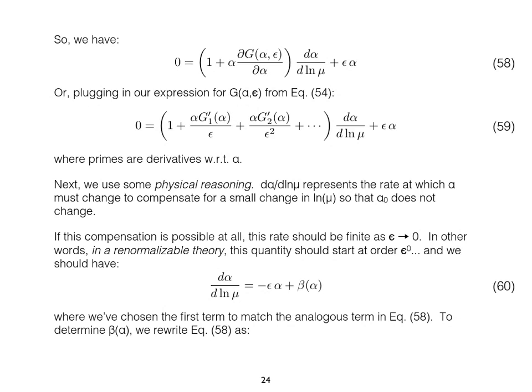And then, again, we use some physical reasoning. Let's call it physical reasoning. So this thing represents the rate at which alpha changes to compensate for a small change in mu so that the bare parameter doesn't change.